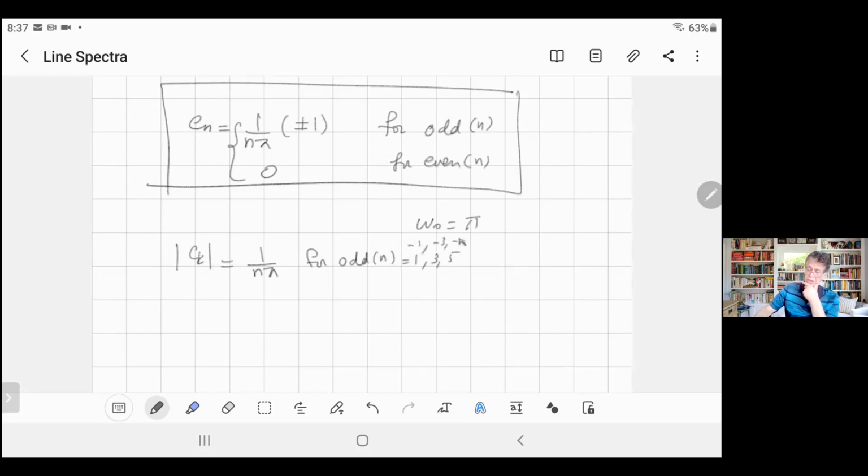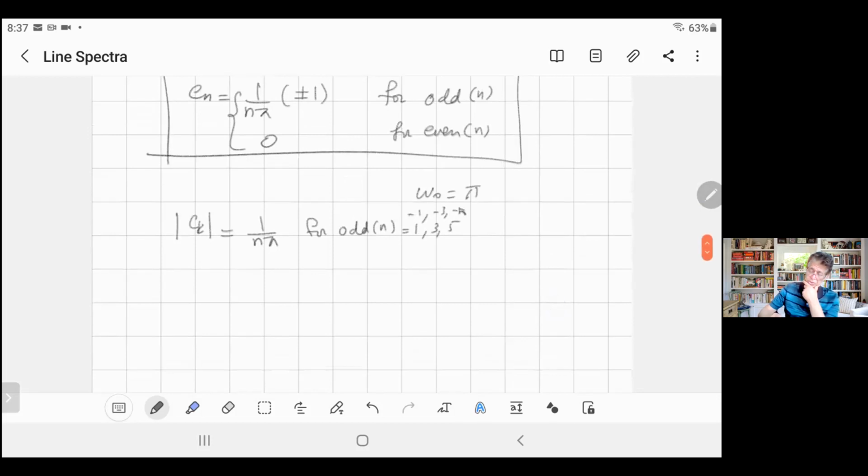but for even it is equal to 0. To do the table, the first thing you do, you write here, for example, your n or k, whatever. I'm going to write k on one side, n on the other side. Call it n. And let's say start from minus 5, minus 4, minus 3, minus 2, minus 1, 0, 1, 2, 3, 4, 5. Okay, that's enough. And then the second row, you put omega.